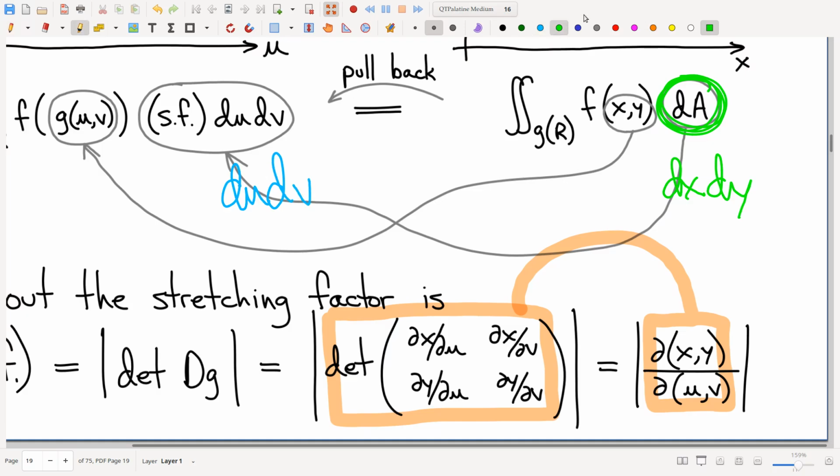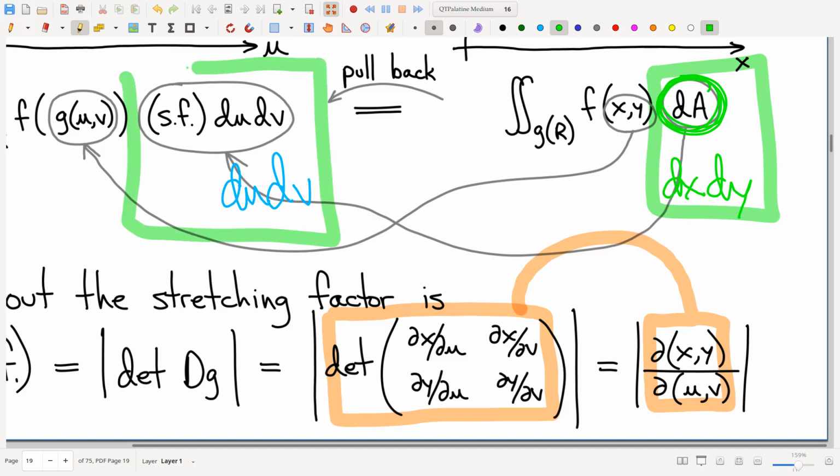And, of course, this is the stretching factor times du dv. Well, let's write that stretching factor as a fake fraction. Don't forget your absolute values.